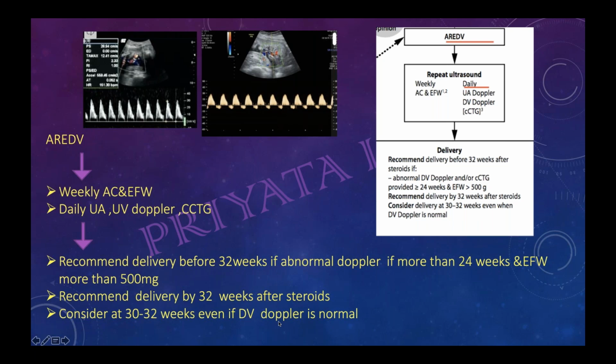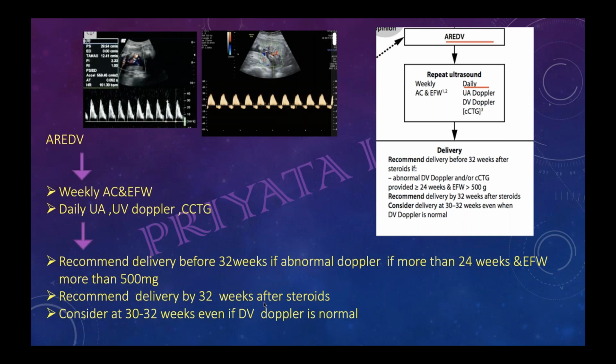Sometimes if the ductus venosus Doppler is normal, you can even think, if the baby is not growing well, of delivery in between 30 to 32 weeks of pregnancy.